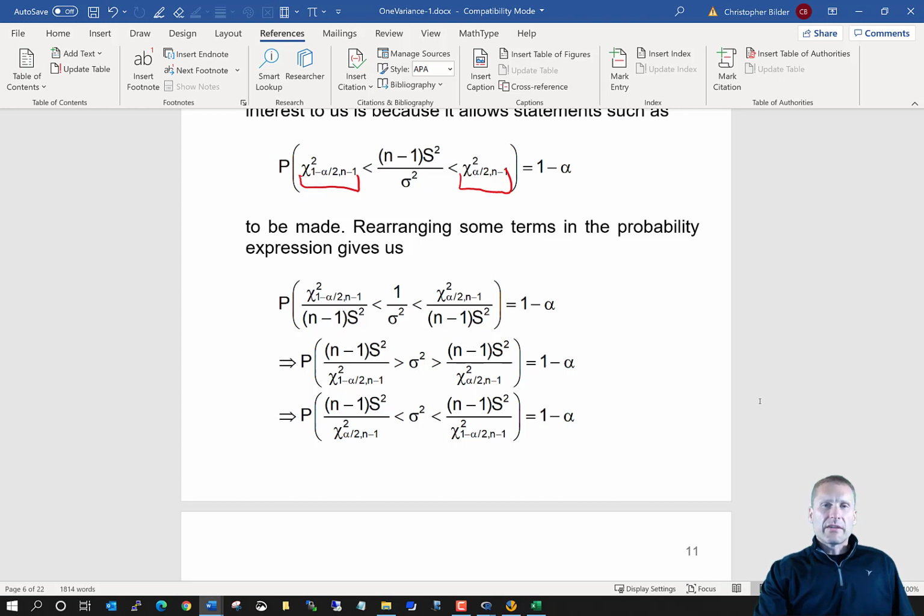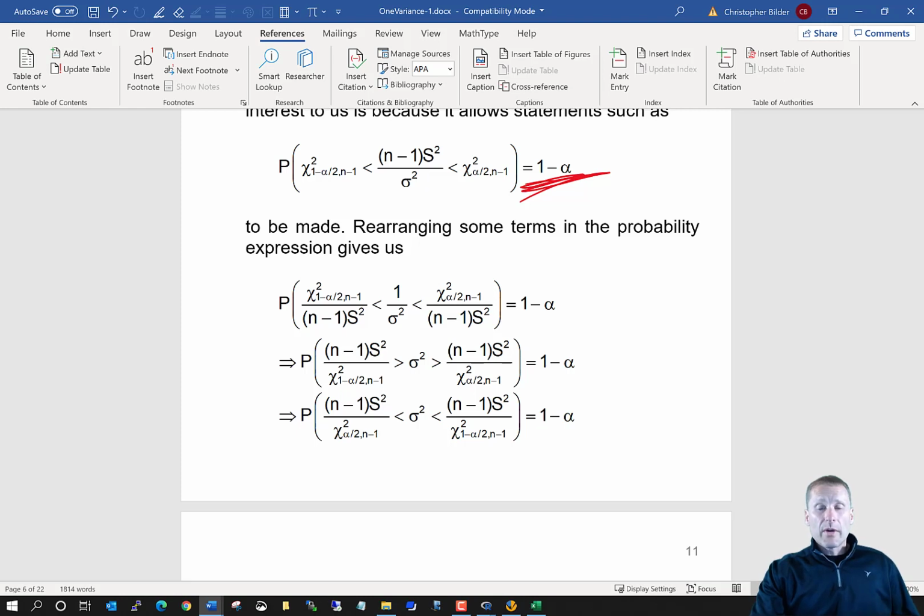Notice we don't use the negative of the quantile on the right for the left side, because the probability distribution is not symmetric. Let me do some erasing. And so we know the probability corresponding to this random variable of this occurring is 1 minus alpha.